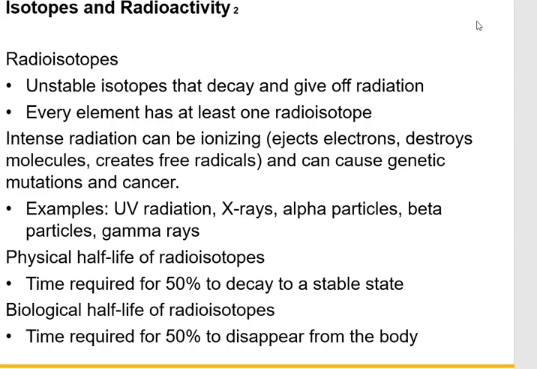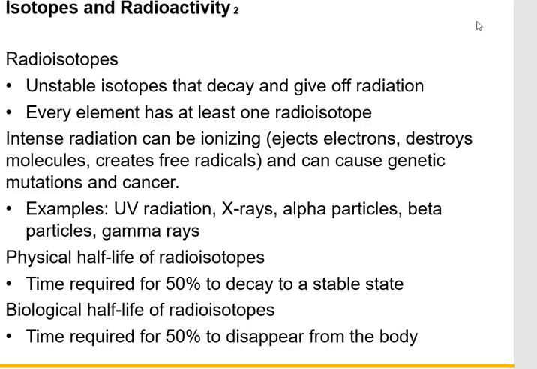Now, the thing with radioactivity, like I said, particles come flying out and energy comes flying out of the nucleus. And after a while, they're not radioactive anymore. They've reached equilibrium. They've gotten rid of the extra stuff that was making them unstable. And so now they're okay. So we call it a half-life. And that's how long it takes for half of the radioactive atoms to not be radioactive anymore.